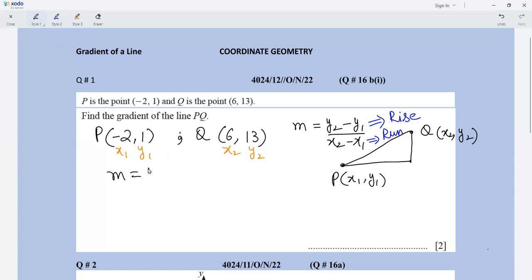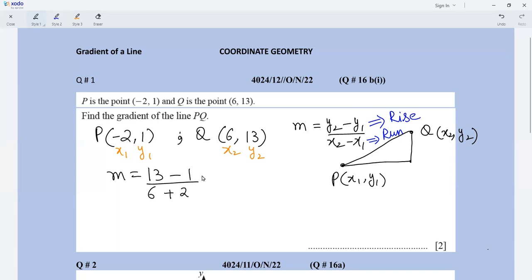What is y2? Y2 is 13 minus, and the value of y1 is 1, divided by 6, and there is a negative sign in the formula as well as in the value of x1. So we can directly convert this negative sign into positive, means two negatives being multiplied give us positive. So we have to write down 2.